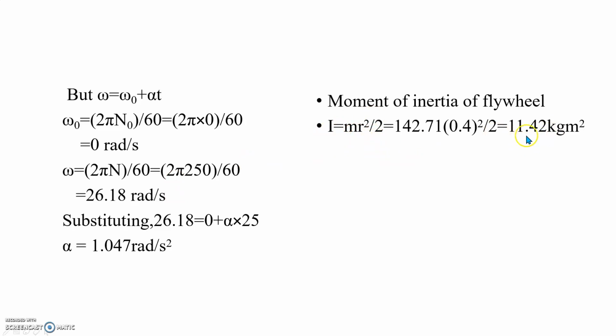Substituting the value, we will be getting 11.42 kilogram meter square. In this problem, radius of gyration is not given, but radius is given, so we can determine the moment of inertia from this formula. T equal to I into alpha. We will be getting torque as 11.95 Newton meter.